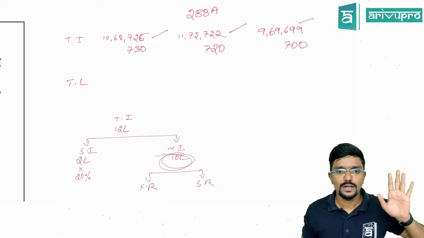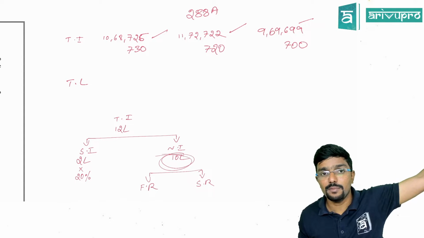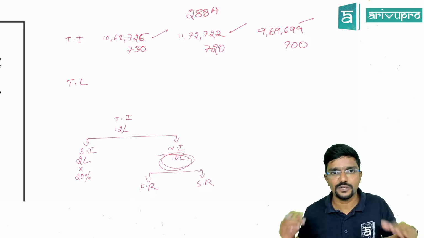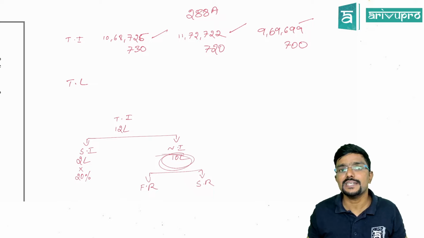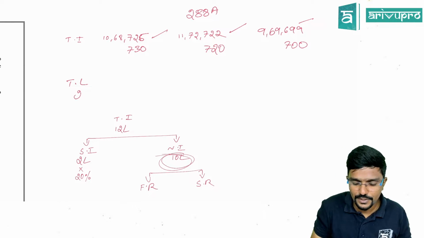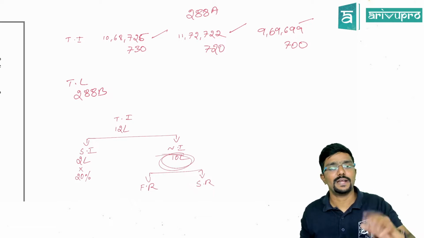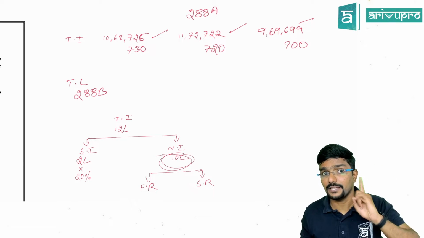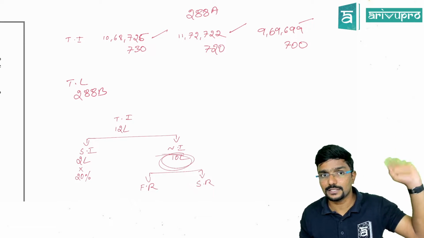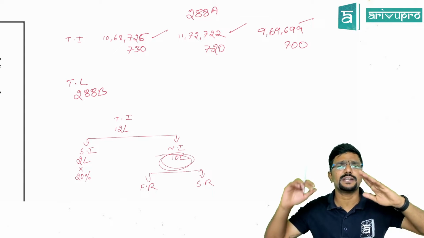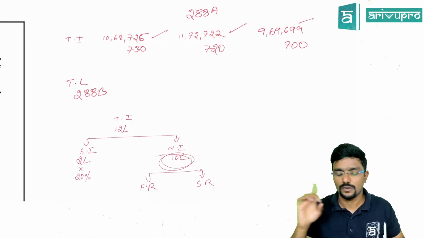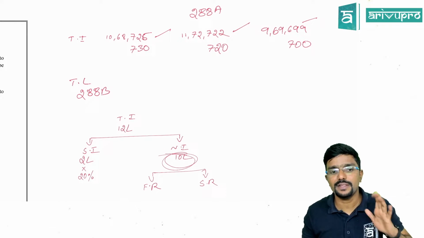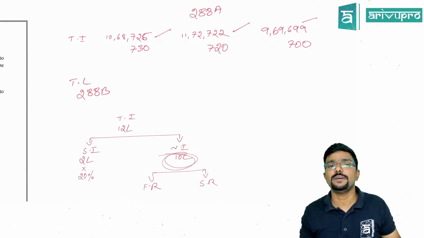The final tax figure which I am supposed to pay to the government has to be rounded off to the nearest 10 rupees as per section 288B. So please be careful. Don't round off gross tax liability. The final tax liability, that is after health and education cess, is what you have to round off.